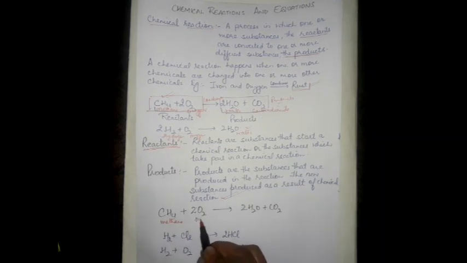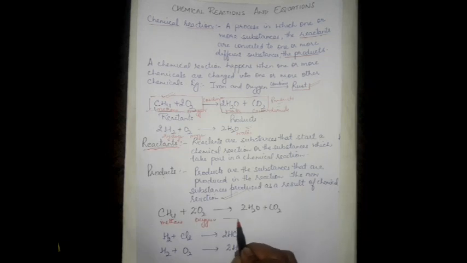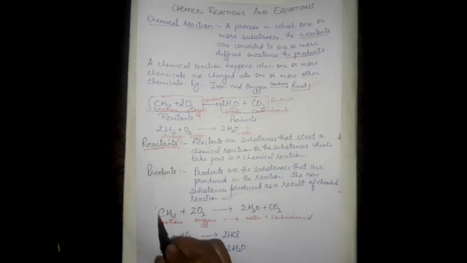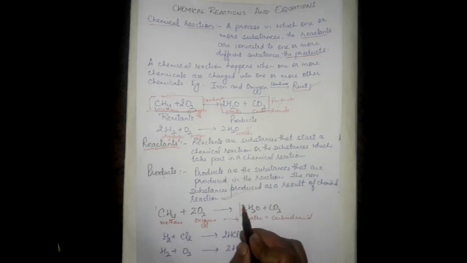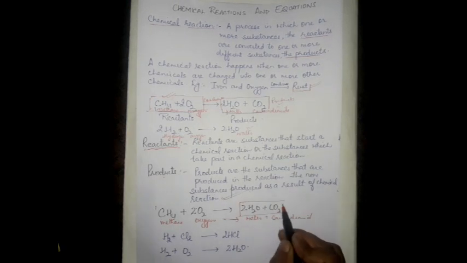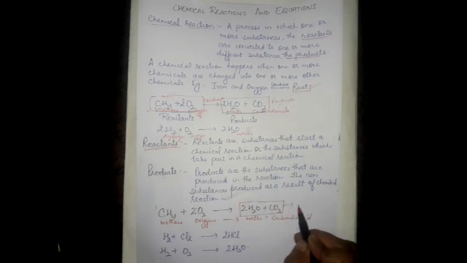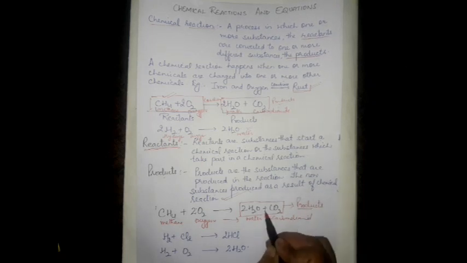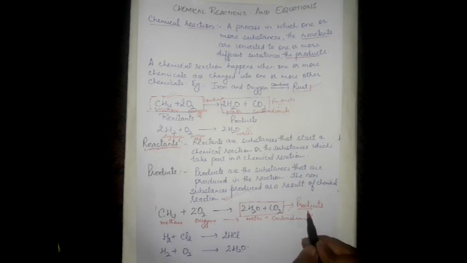It reacts with oxygen. And what does it form? It forms water and carbon dioxide. Now here carbon dioxide and water are the two new products. The new substances which are produced after the reaction are called products.